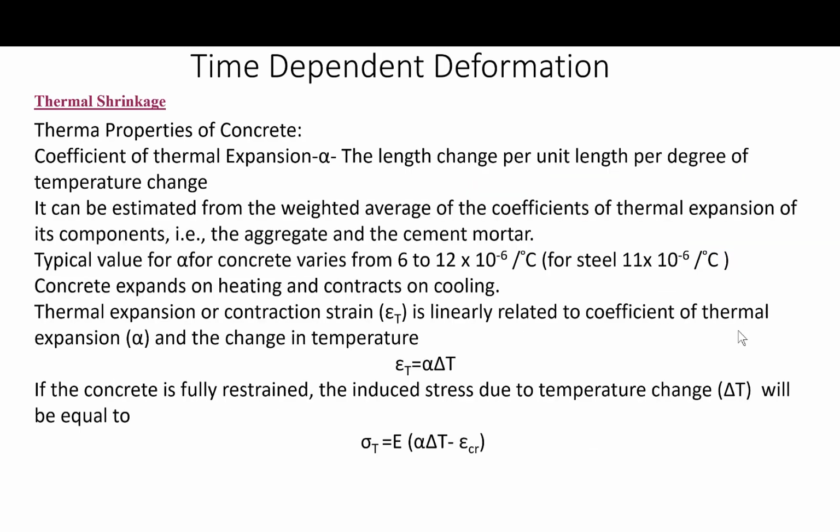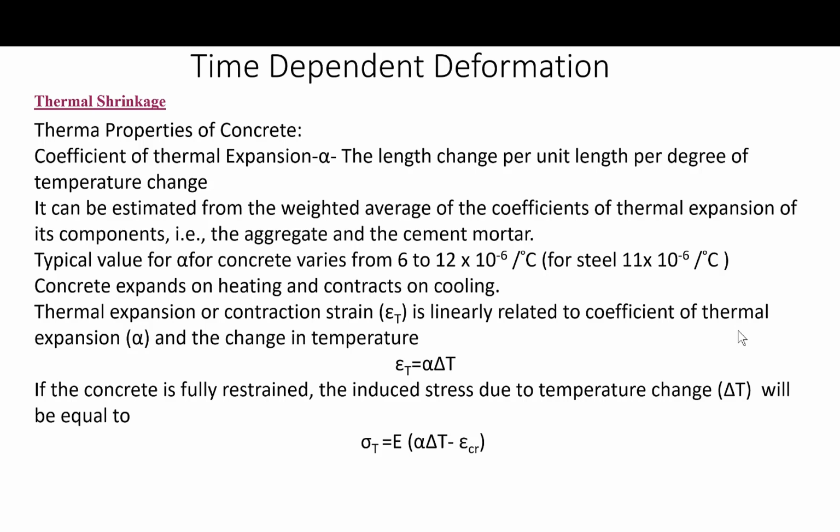The last topic I'm going to cover is thermal shrinkage. So the thermal shrinkage and the related factor, which is basically the concrete coefficient of thermal expansion, denoted by the Greek letter alpha, and sometimes you will see it in some literature by the Greek letter mu. Okay, so it is the length change per unit length per degree of temperature change.